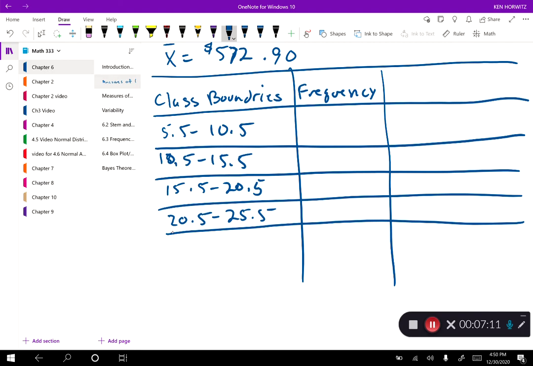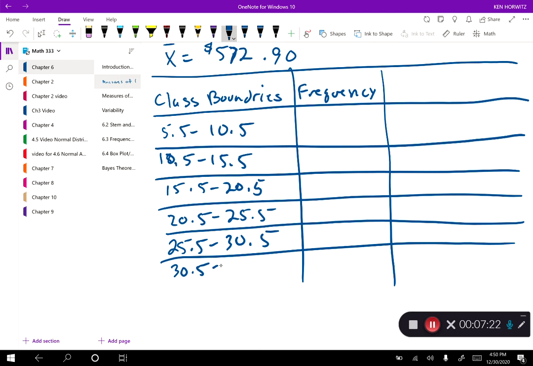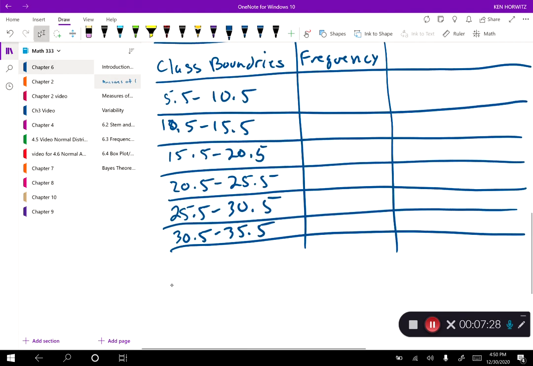So I have 3 more to do: 25.5 to 30.5, 30.5 to 35.5, and last but not least, 35.5 to 40.5.